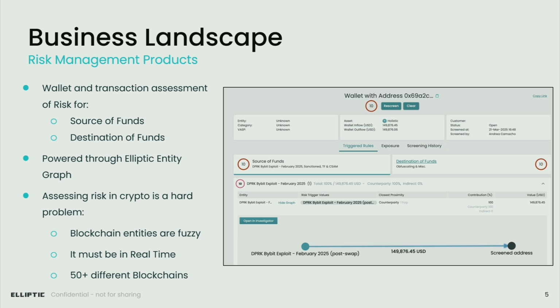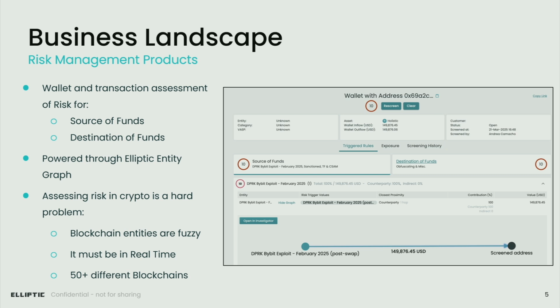So this product is powered through the Elliptic Entity Graph. We're going to be touching a bit on this, but essentially it's nodes and edges, right? Nodes being blockchain addresses that are labeled or unlabeled, and the edge is essentially the flow of money. And why is this problem hard? Unlike traditional banking, where all entities are known, in crypto, everything is fuzzy.